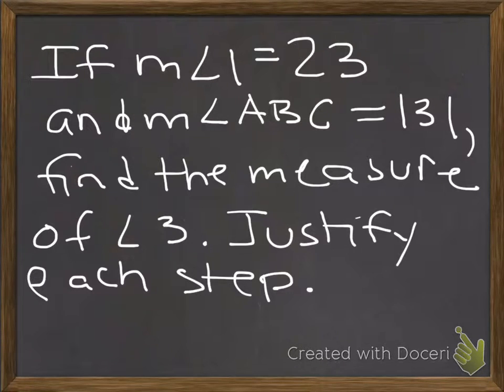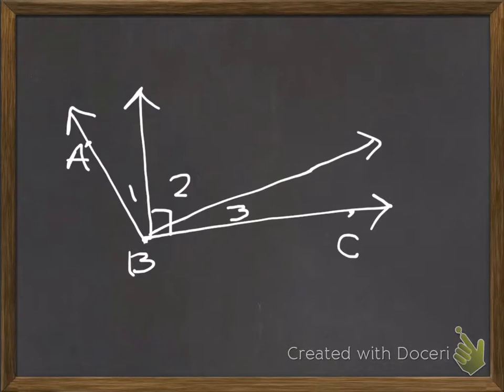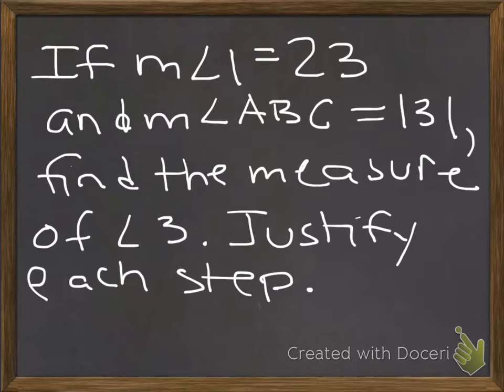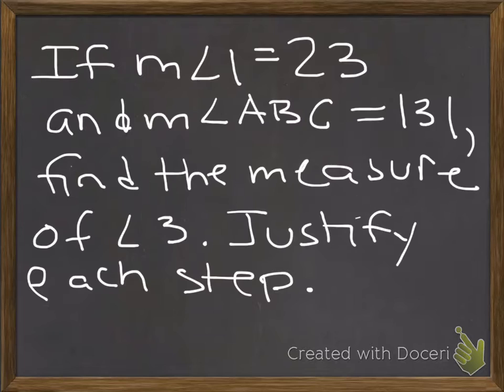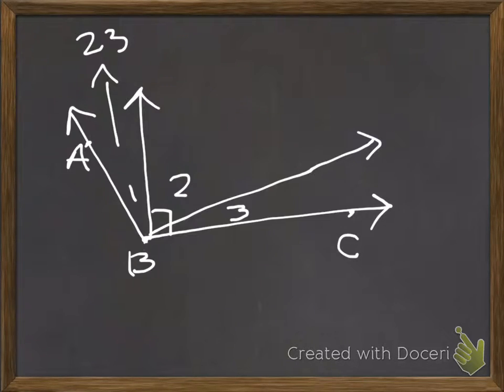So the first example we're going to do is: if the measure of angle 1 equals 23 and the measure of angle ABC equals 131, find the measure of angle 3. So we're going to look at this right here, and it tells us that angle 1 equals 23 and angle ABC equals 131, which is the whole thing.